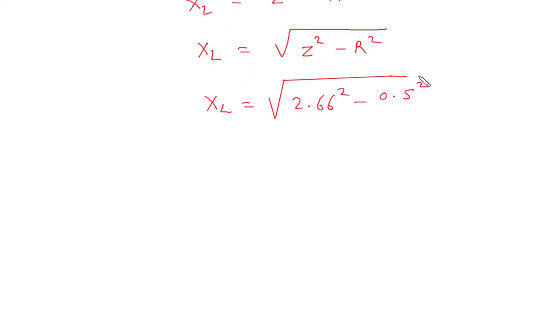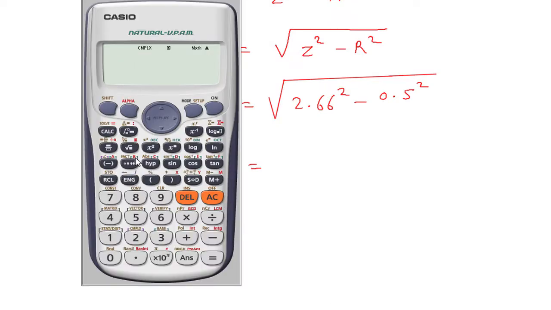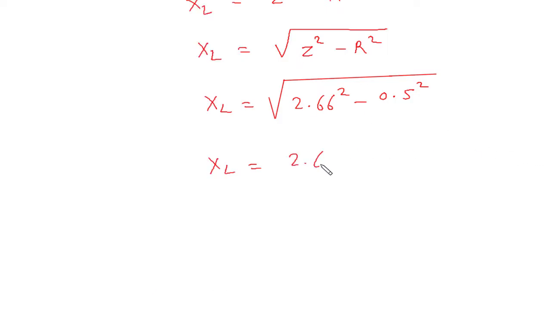So XL is equal to under root of 2.66 square minus 0.5 square, so it is 2.61. 2.61 ohm is the value of XL, and the unit of inductive reactance is ohm.